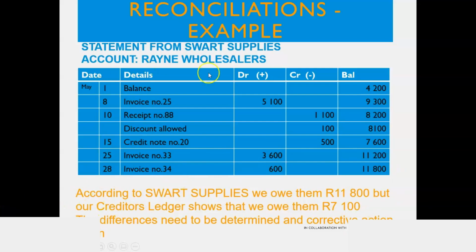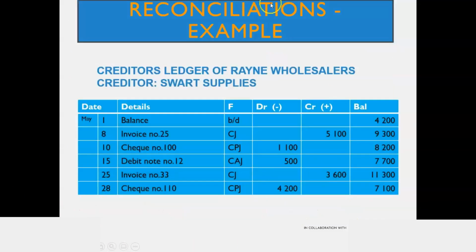The statement is what we are receiving from our creditors, and this, which is the creditors ledger, is what we prepare internally. Okay, pause, calm down, and let's make sense of it.